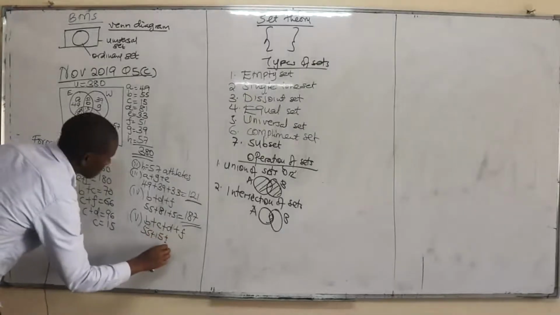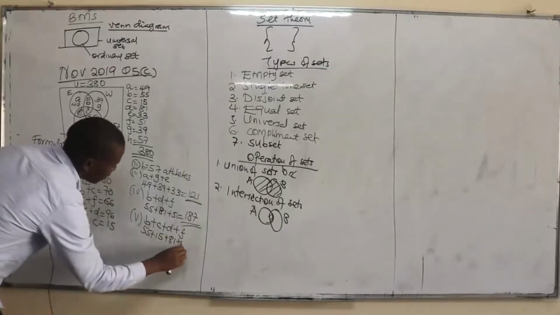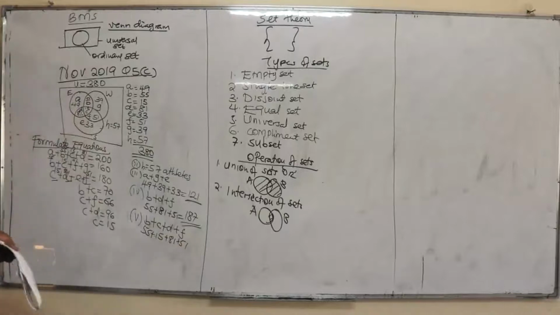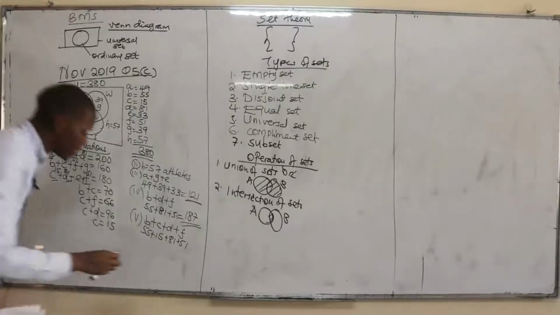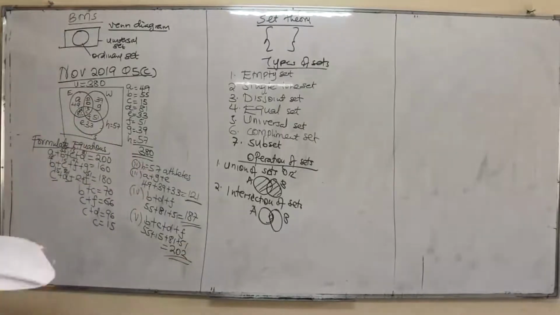D in this case is 81. And F in this case was 51. So in that case, it will be 187. I add 15, which in that case will be 202. And that is how you are required to do the question.